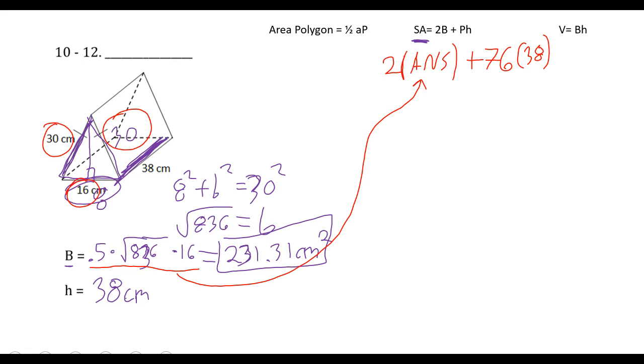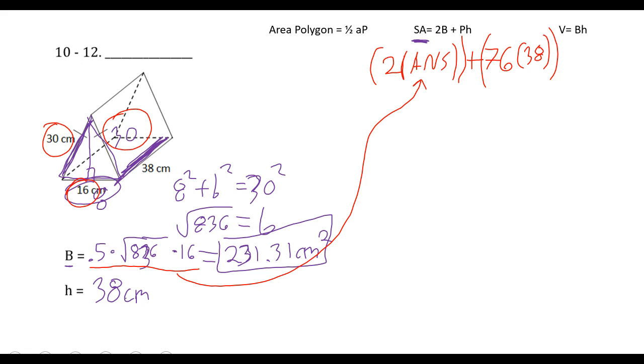Great. I'm going to type this in the calculator, see what I get. Sometimes this is what I do when I punch in the calculator. Parenthesis, 2 times answer, parenthesis, plus this stuff multiplied together. But if you like to take it one thing at a time, totally fine. Just hopefully you get the same thing as I do.